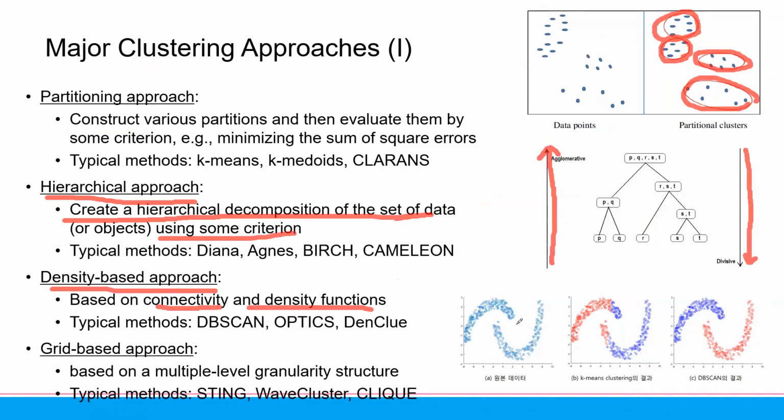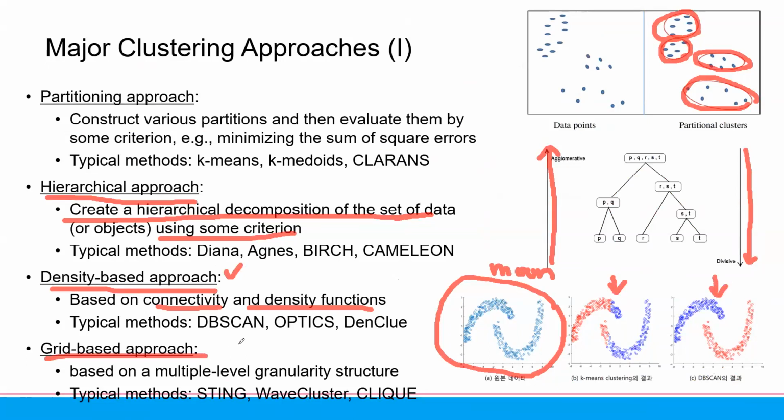If our data is moon-like, something like this, we need to use the density-based approach. If we use k-means, the result is something like this. But if we use density-based, we will get the clusters like this one.